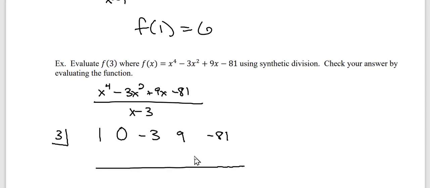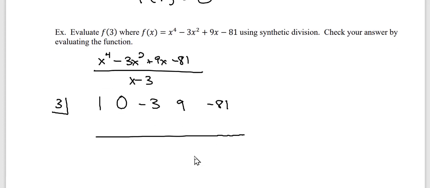Draw a horizontal line, leave some space. The 1 comes straight down. Then I multiply the 3 by the 1 and put it here. And I add, and I get 3. Multiply the 3 by the 3 to give me 9.